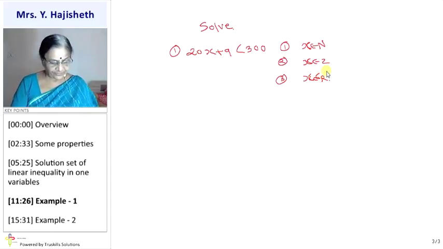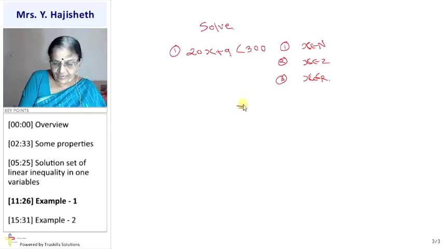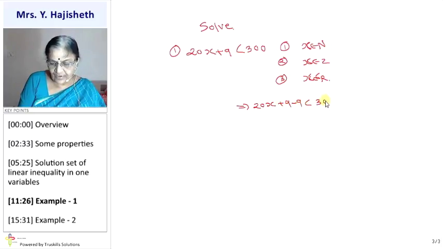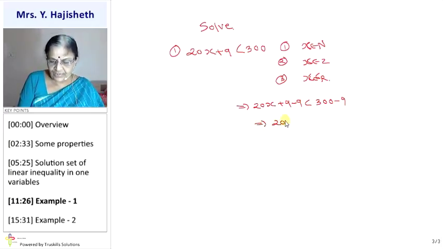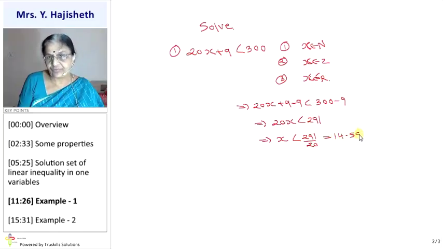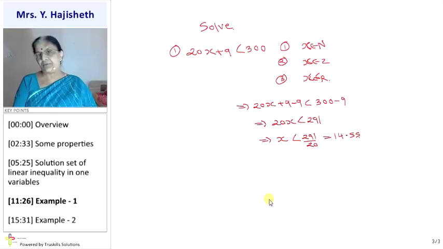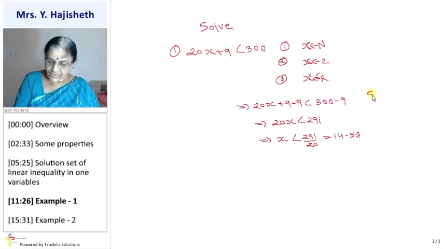Now how to solve this? If I take 20x, I want to remove 9, so I have to add minus 9 on both sides. And I know that by adding minus 9, the inequality does not change. So I got 20x less than 291. So my x will be less than 291 by 20, which is 14.55. Now how many natural numbers are less than 14.55?